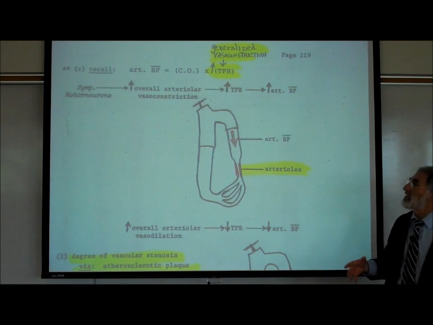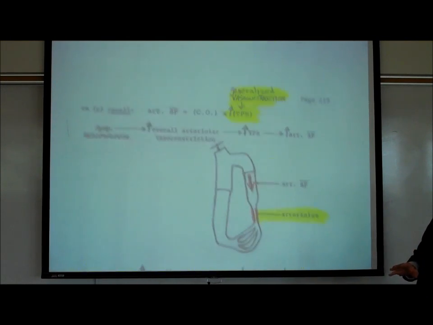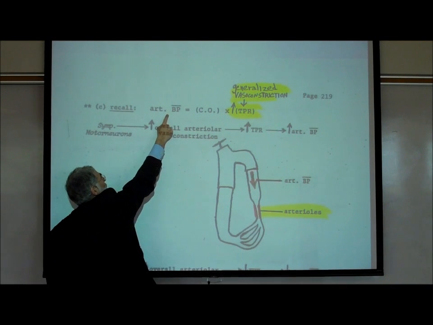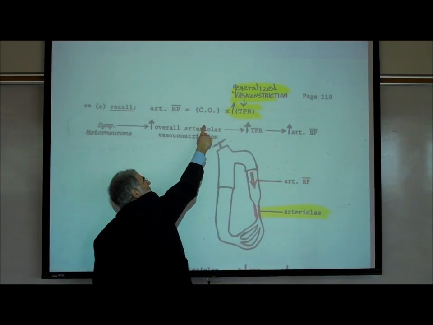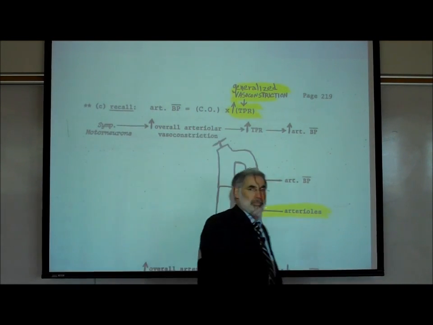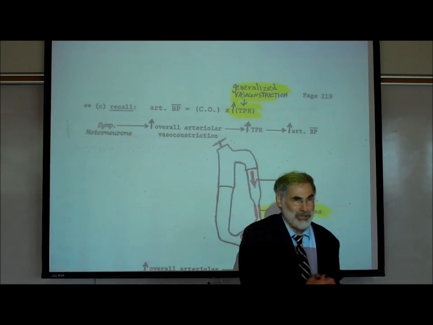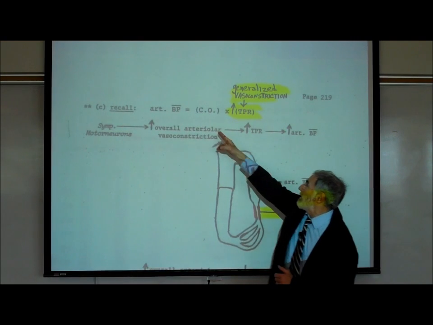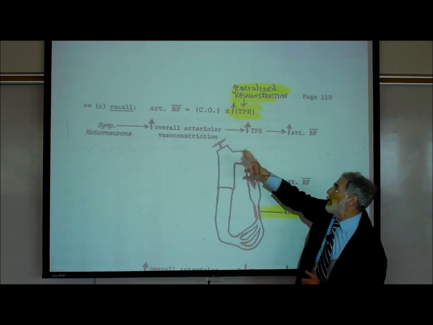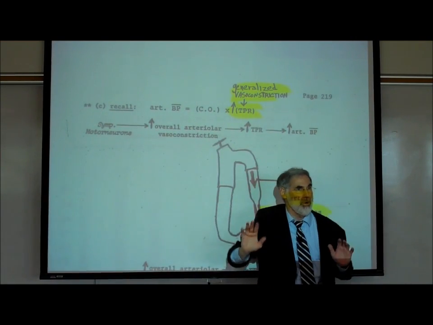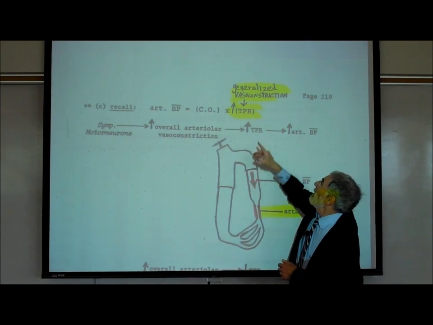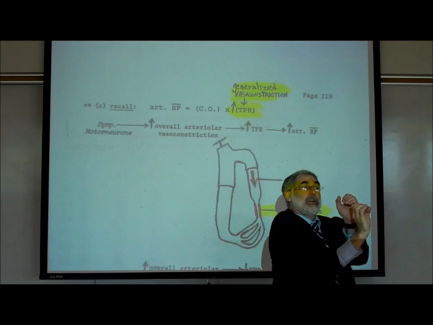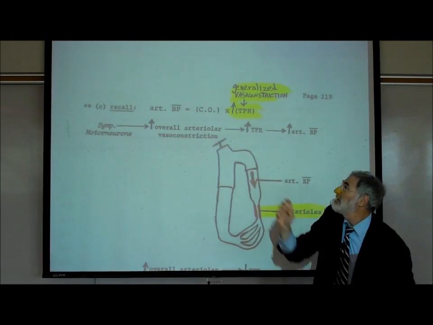Now, let's show you this analytically. We had learned that the average blood pressure in our arteries depends upon cardiac output and total peripheral resistance. That's that formula I just showed you. So let's assume the amount of cardiac output, how much water is flowing, is constant for the moment, 5 liters per minute. But let's imagine that all of these arterioles throughout your body were mostly constricting.